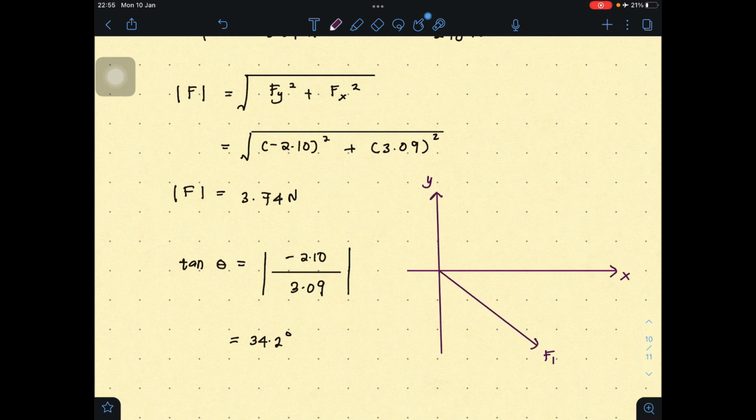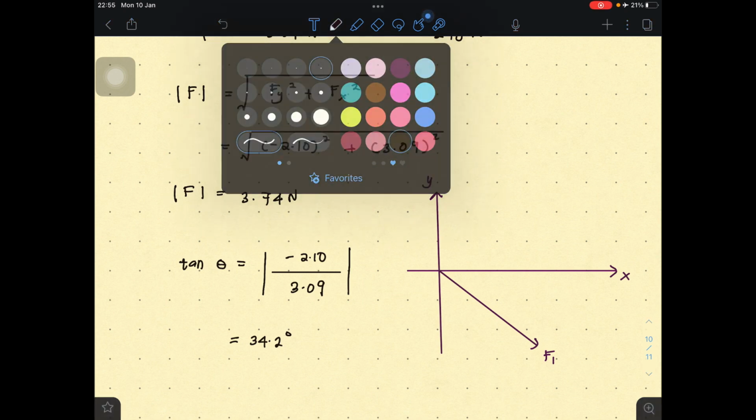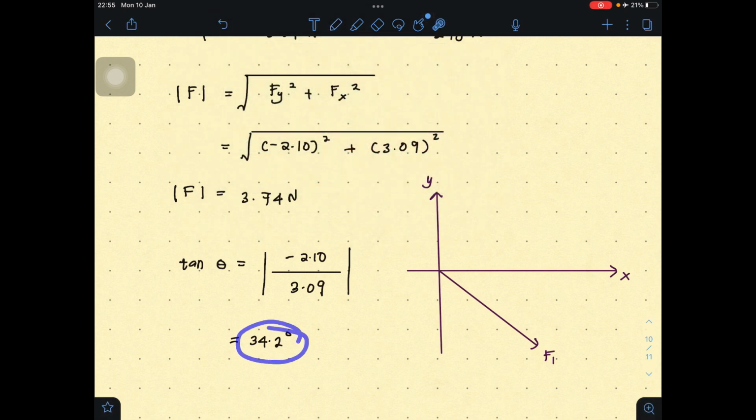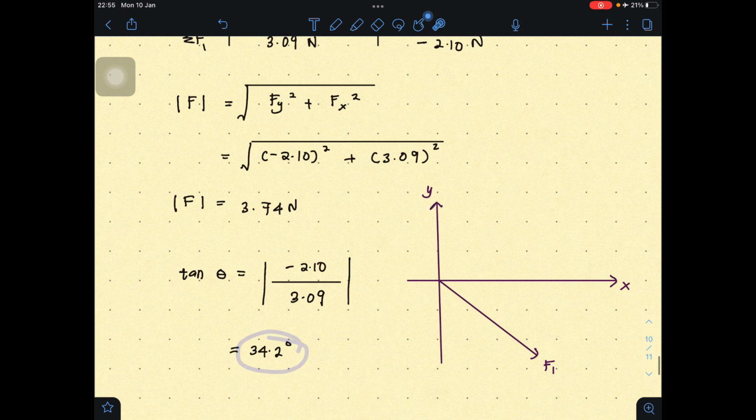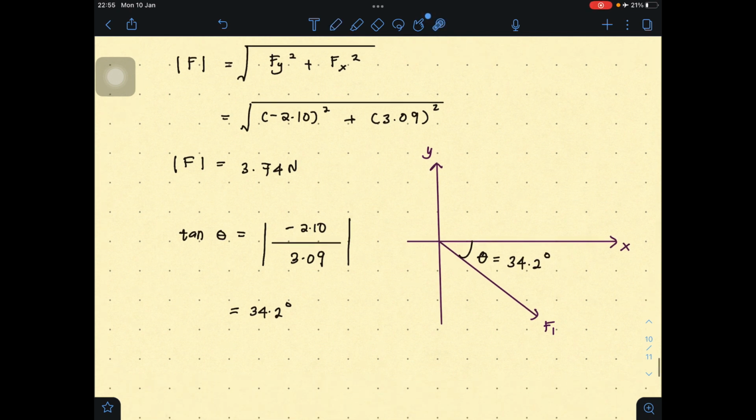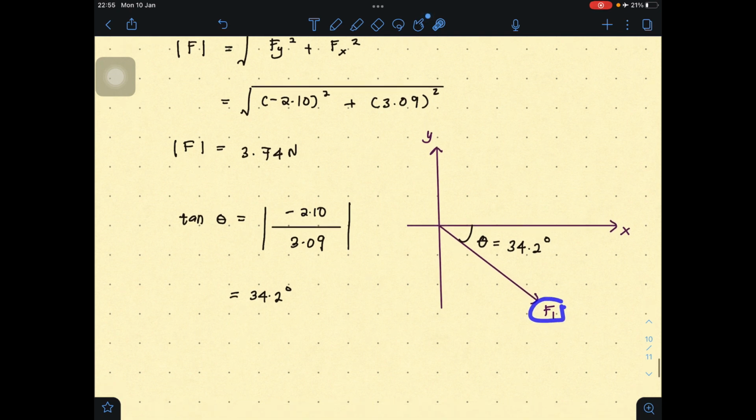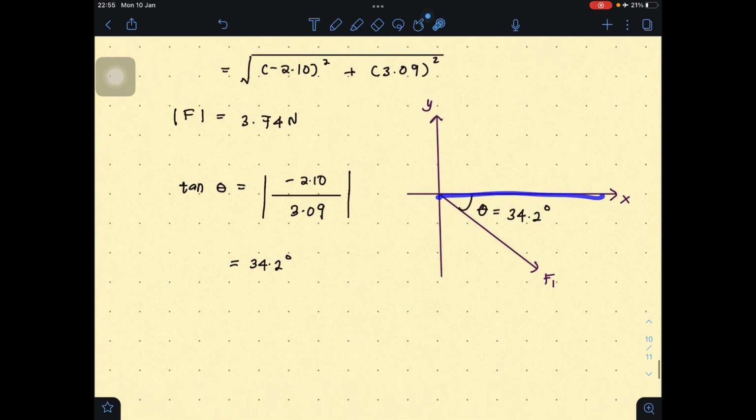So this will be the vector of F1. And then angle, this angle here, will always relative to x-axis. Okay, dia akan selalu relative to x-axis. So this will be the angle 34.2 degree. So from here you can see that the vector is below positive x-axis. So ni adalah positive x-axis.